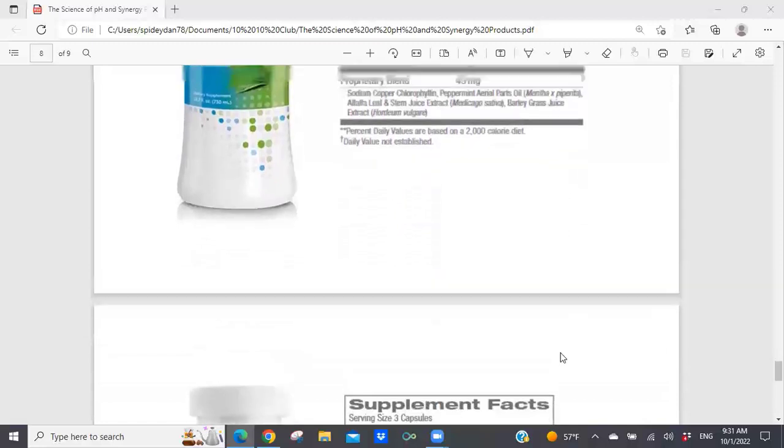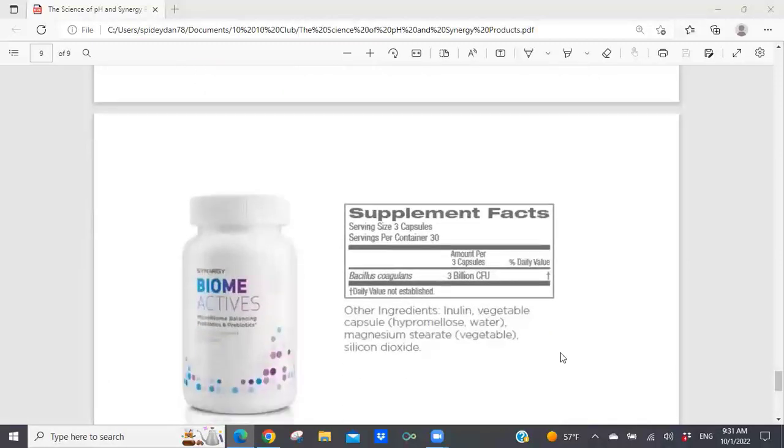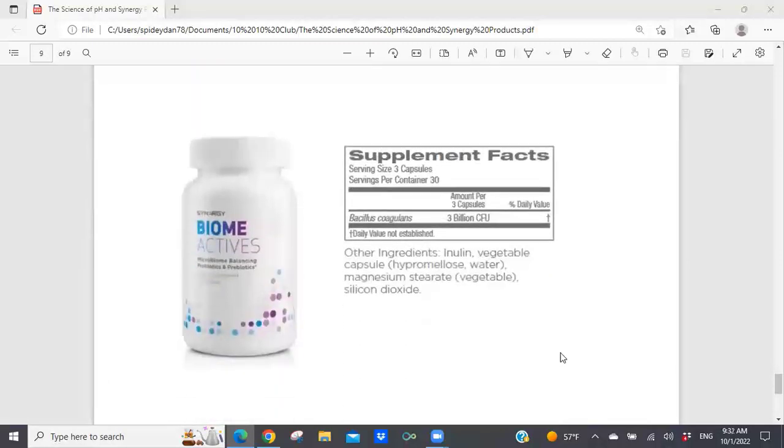Now, with that said, we've got one other product here, Biome Actives. The purpose of the Biome Actives is to help reset that gut health, to bring in a probiotic that prefers an alkaline environment to best breed.